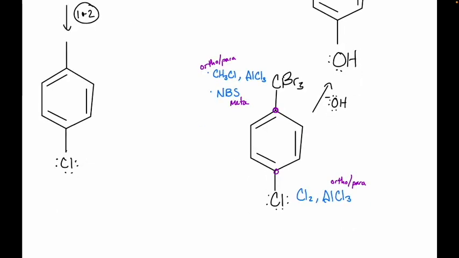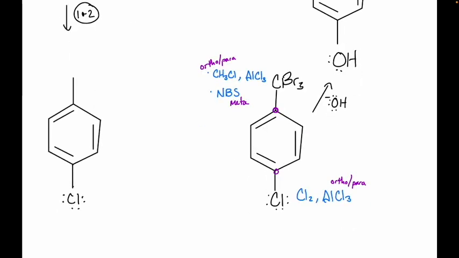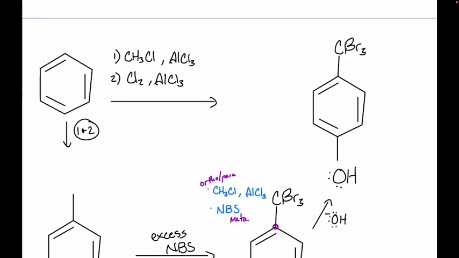So now I just have to close this gap between my methyl chloro group and my tribromomethyl chloro derivative. And again, that would be with that excess of NBS. So step 3, excess NBS. Step 4 would be to add that hydroxide ion in there, sodium hydroxide.